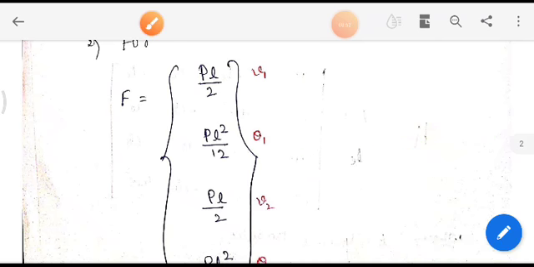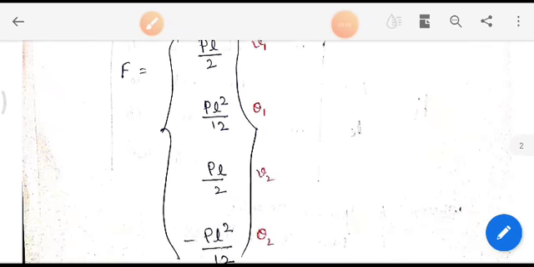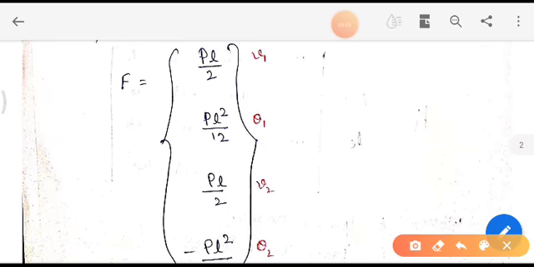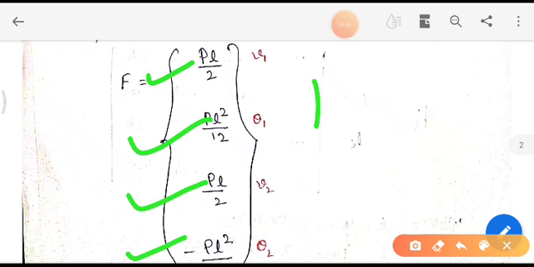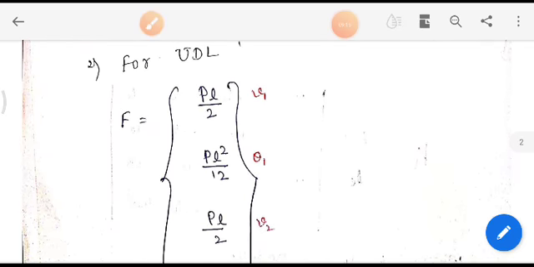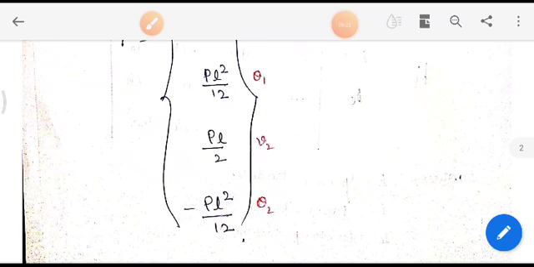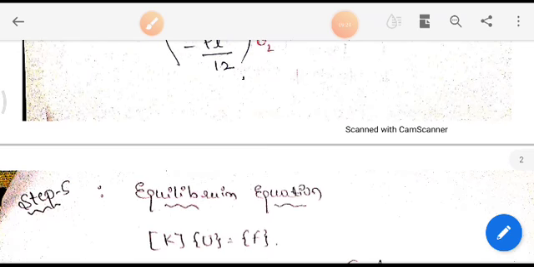To calculate the forces due to application of UDL, we have this formula: PL by 2, PL square by 12, PL by 2, minus PL square by 12, where P is the intensity of load and L is the length of the element. This is the formula to calculate the force when it is subjected to UDL. You just keep on noting these formulas.